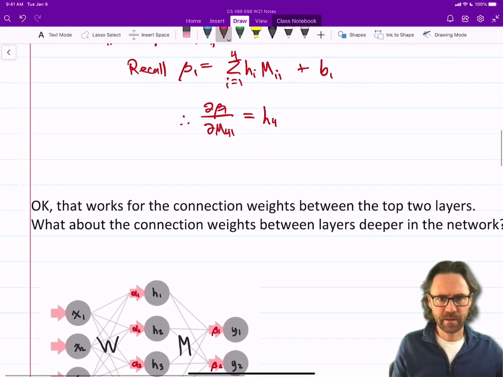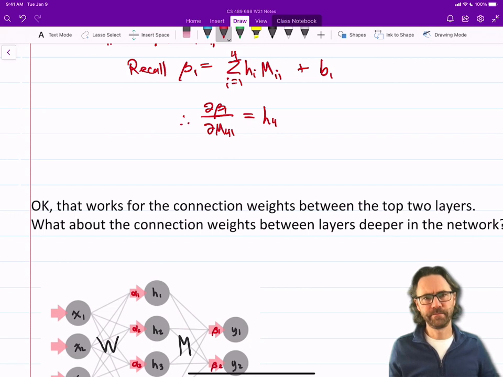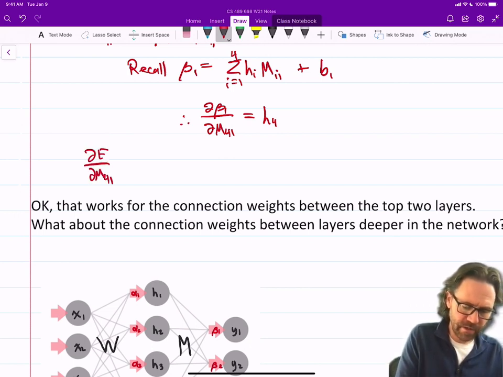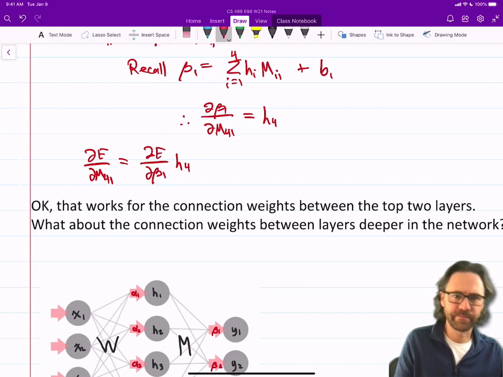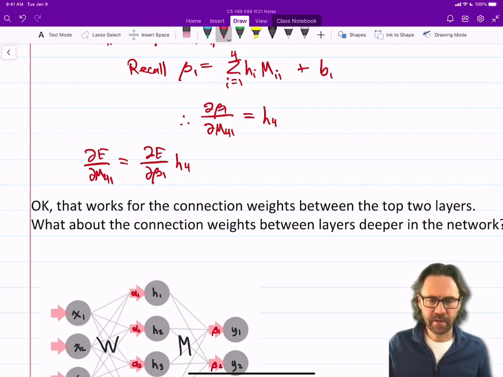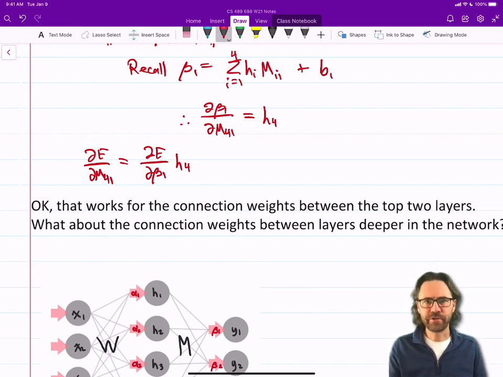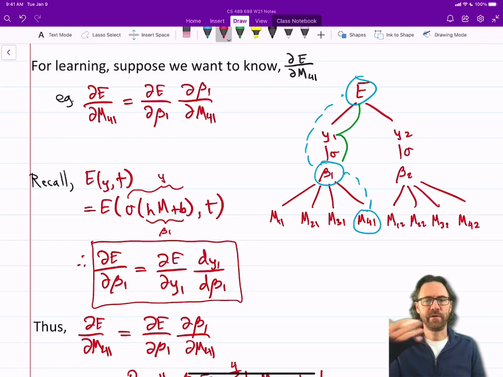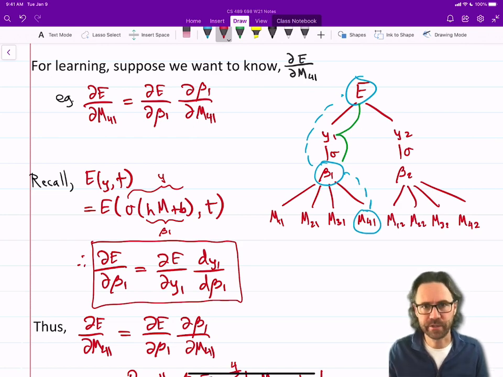Therefore ∂E by ∂M41 is ∂E by ∂beta 1 times H4. That's just a demonstration of chain rule, using these input currents as milestones in the chain.